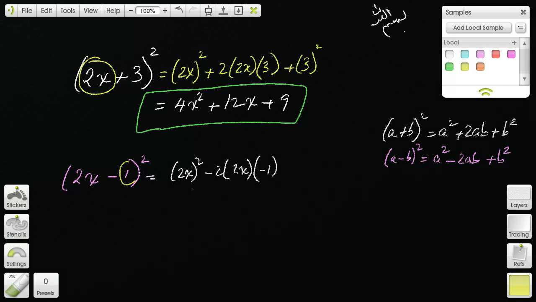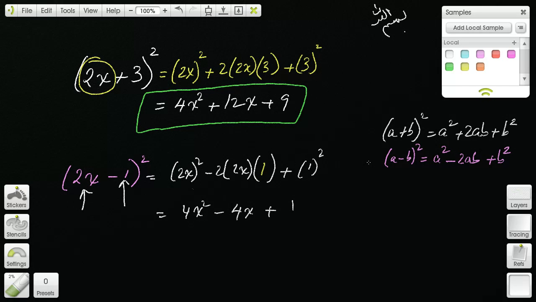B is 1, because the formula says a minus b. Very tricky. So this is a and this is b. So a squared minus 2 times a times b, plus b squared, which is 1 squared. So this is 4x squared minus 4x plus 1.